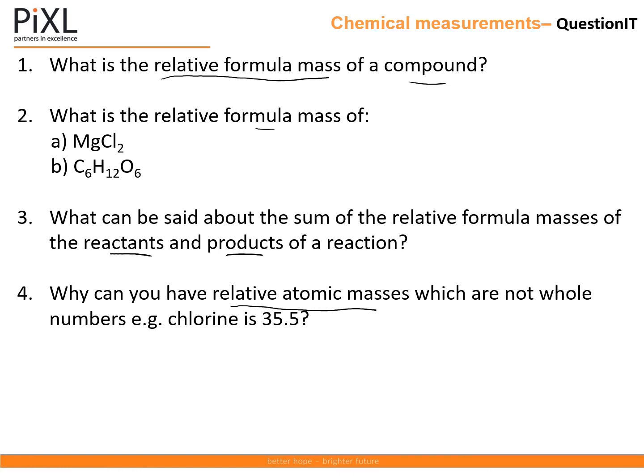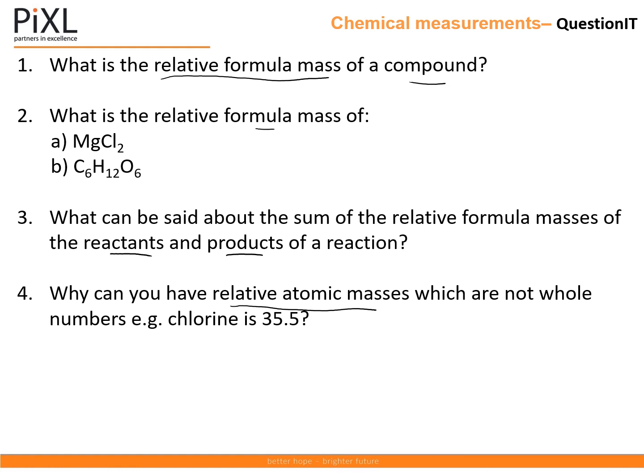The word reactant means when you're doing a chemical reaction, you start off with the reactants, and once you have reacted them, you make a product. And relative atomic mass is the number you get on the periodic table, which is your mass number, made out of proton and neutron numbers added together.